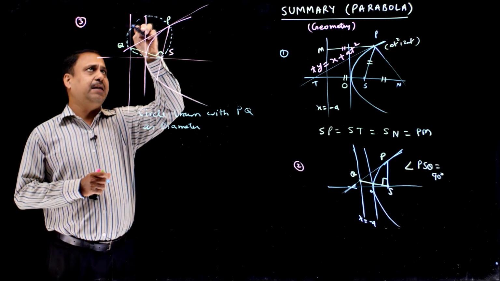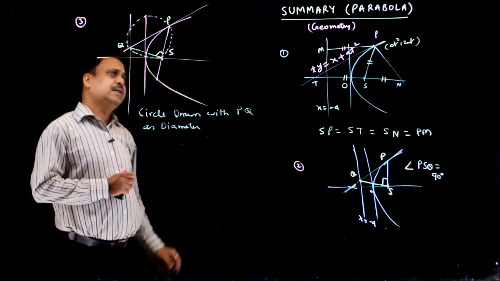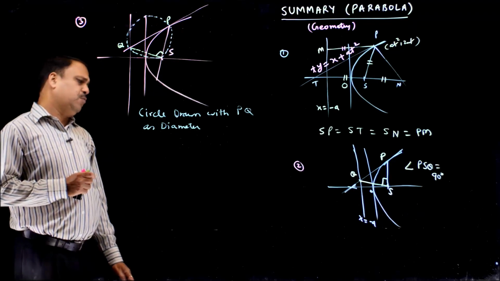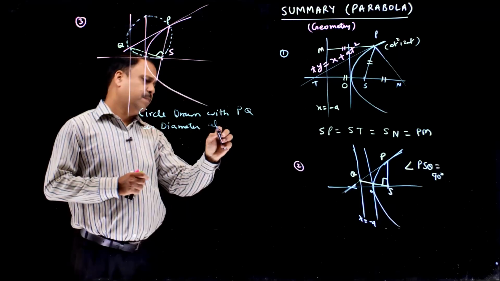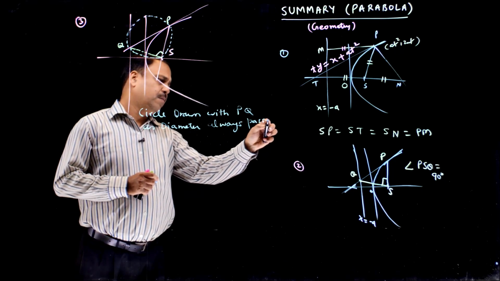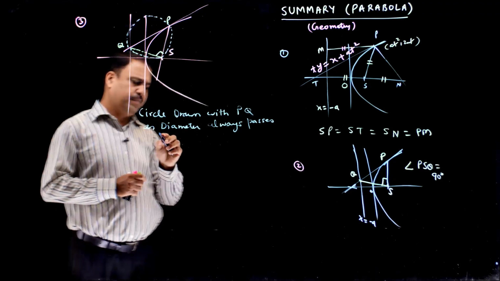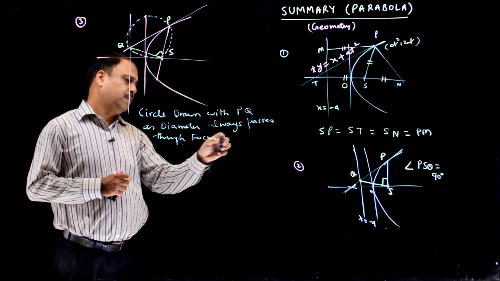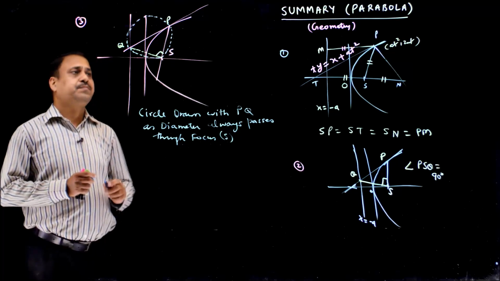Angle subtended in a semicircle, you have already studied in 10th class. This angle is 90 degrees, so this will be the diameter. So a circle drawn with PQ as diameter always passes through focus S.